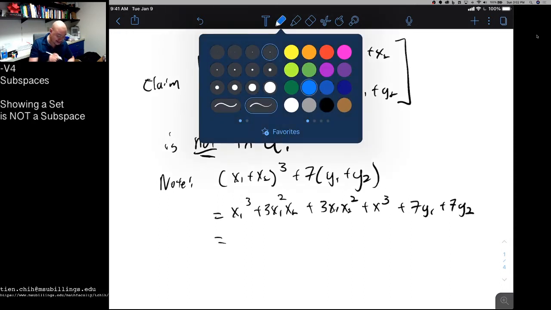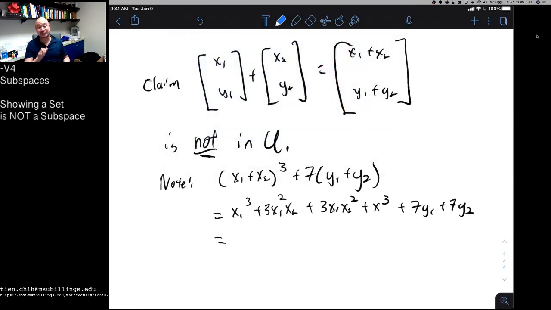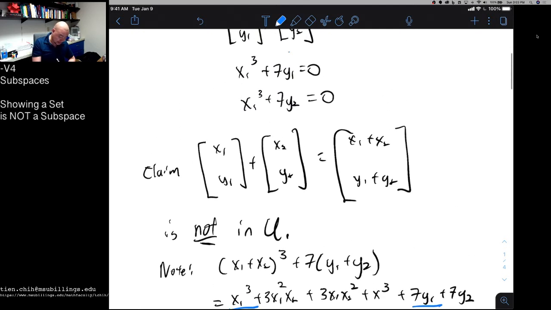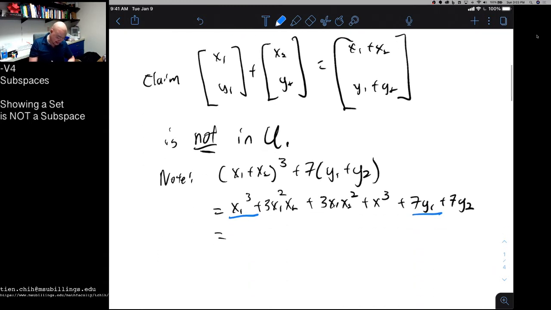Now we note that there is some cancellation that's possible here. I do have an x1 cubed and a 7y1. And remember what we established was that x1 cubed plus 7y1 is 0.